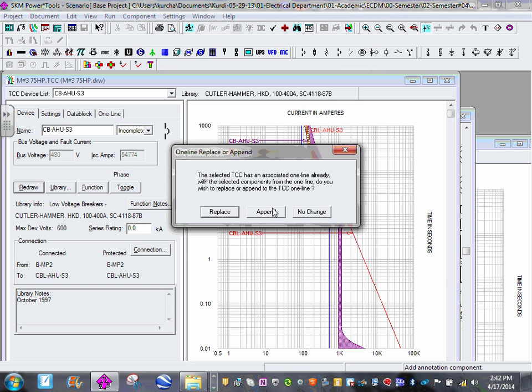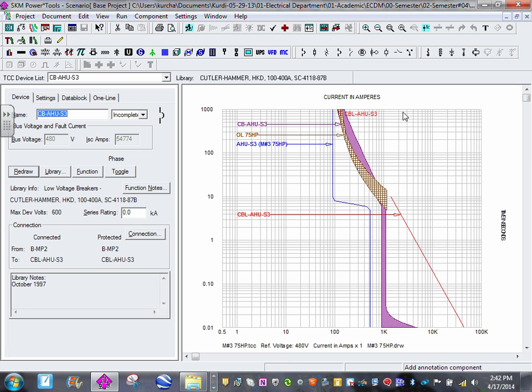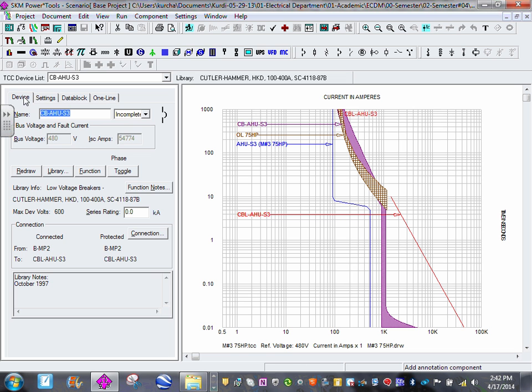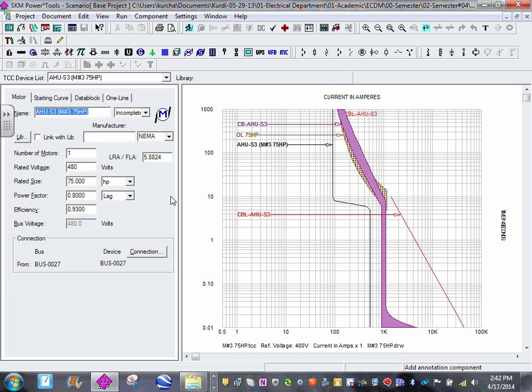Let's go look at this. This is a really handy calculation that I use to check all the time. Let me show you. Here's a 75 horsepower motor, one of the ones that you looked at, and I need to size the overcurrent protection device for it.